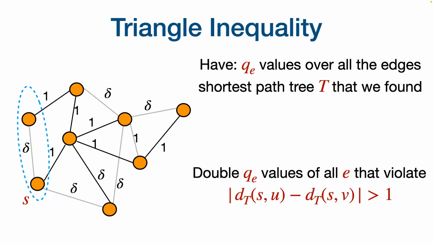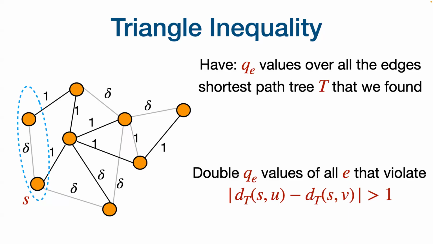But now there's a path of length 3. If I look at any edge u comma v, if uv was here, you can always go to u through v and to v through u, so these distances would differ by at most 1. But if these distances are at least 2, adding this edge u comma v is going to help your shortest path tree. This is how I'm checking if I've missed an edge, whether it's important or not.